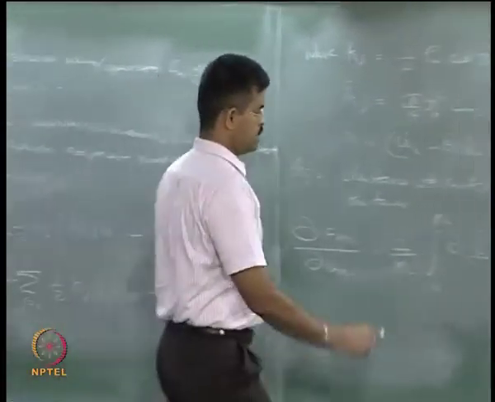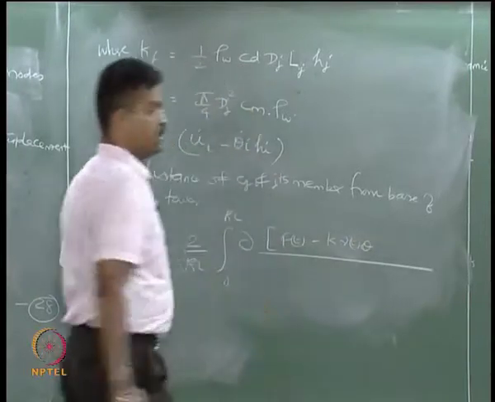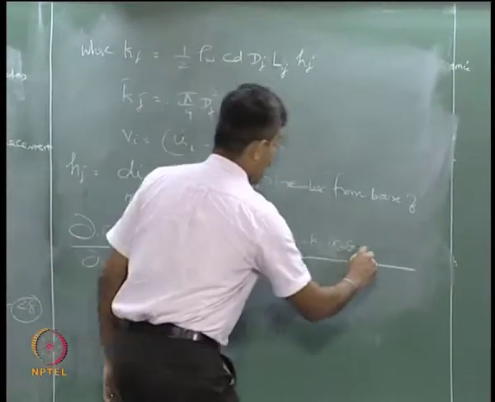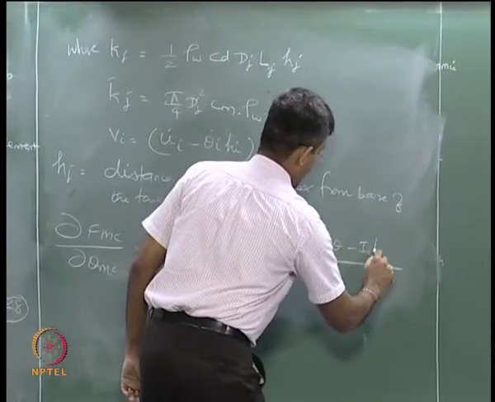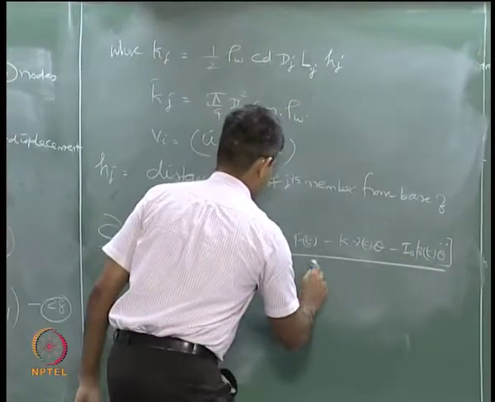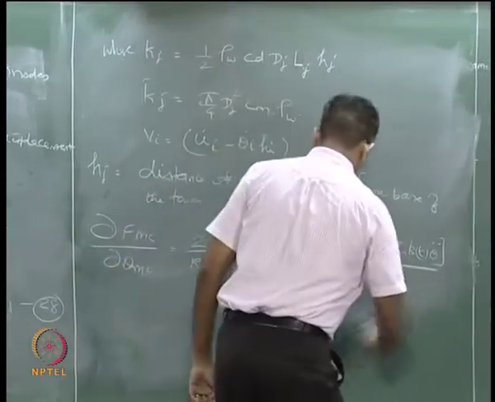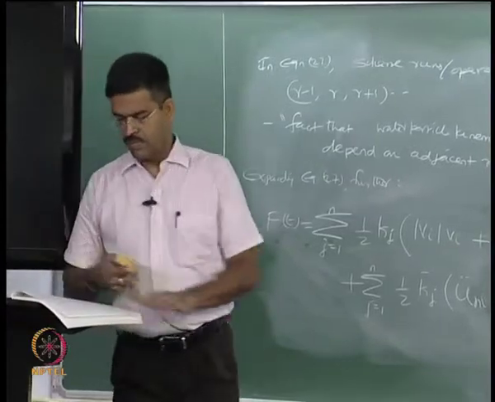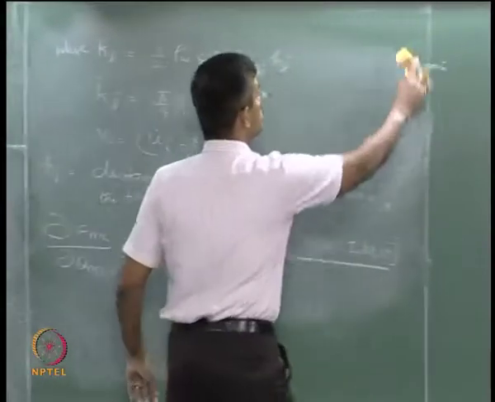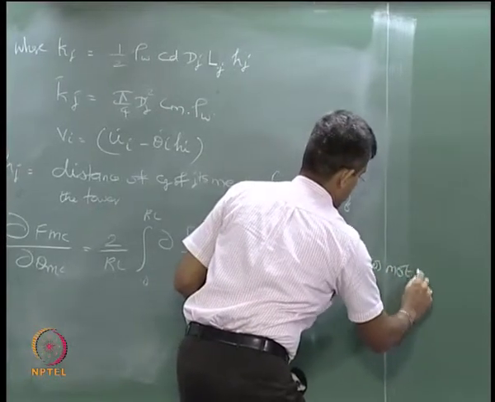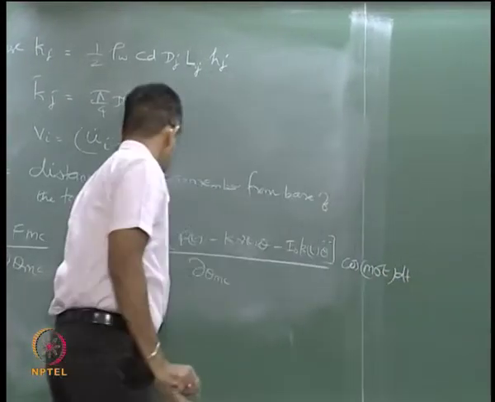This is not r of t, this is nu t, of theta minus I beta t theta double dot, by dou theta mc, of dt.